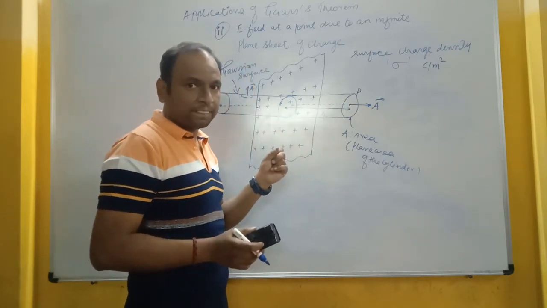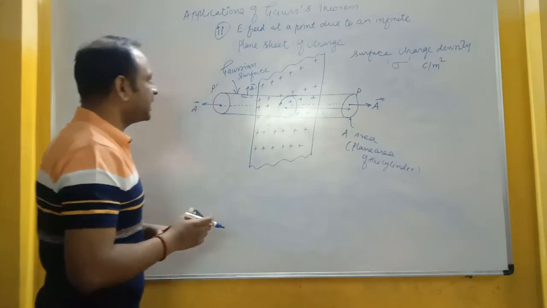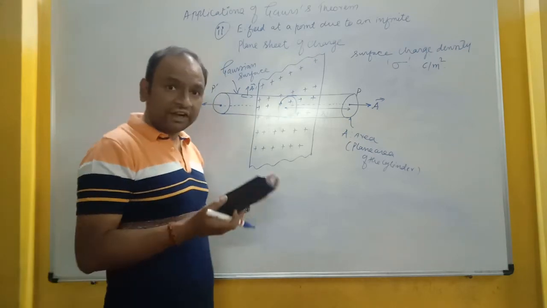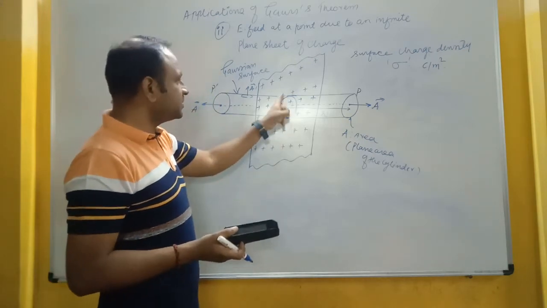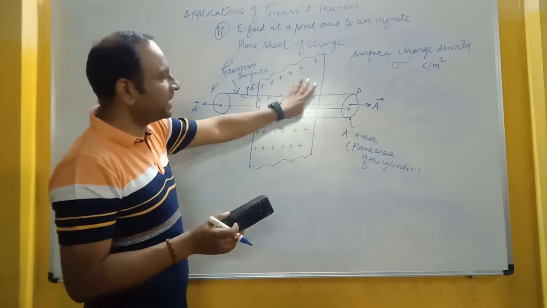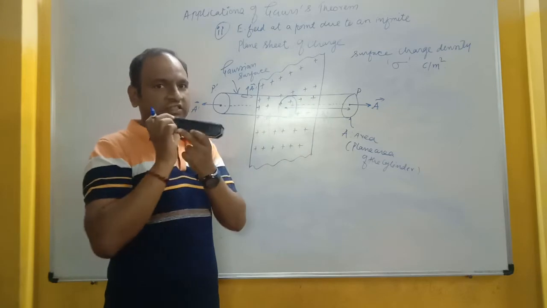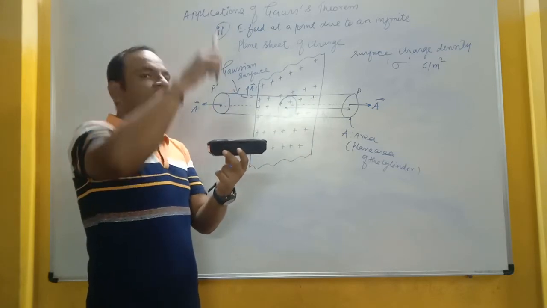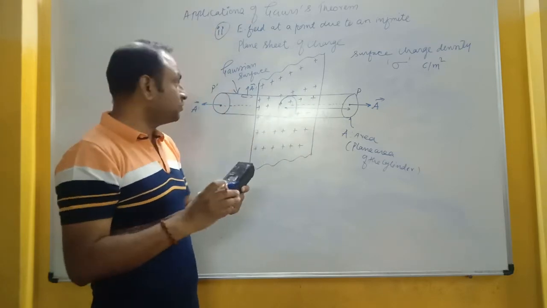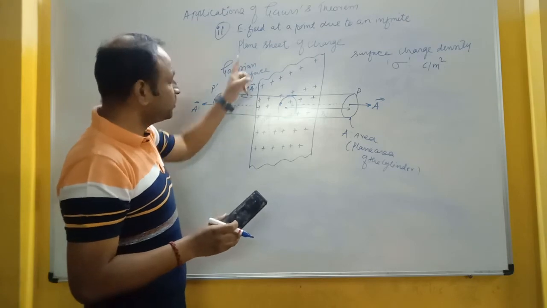Now if you look at the electric field, these charges are distributed like this, so the electric field intensity would be along this direction. There is no electric field line coming in this direction, that is, no field line coming through the curved surface.